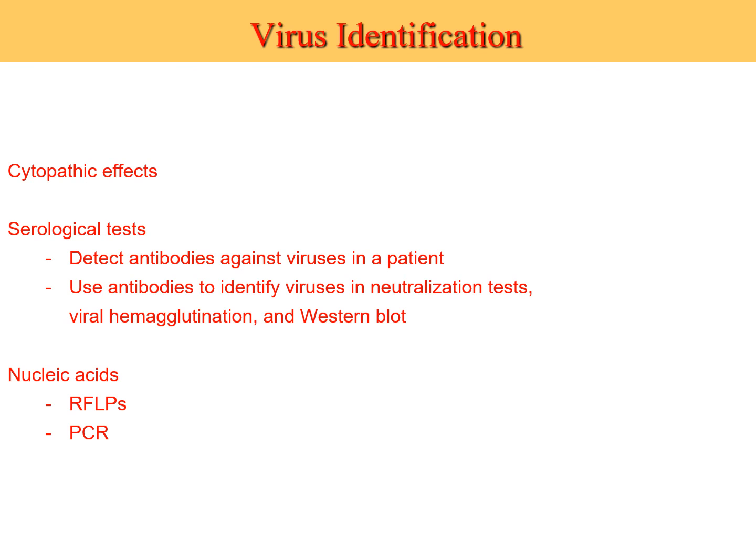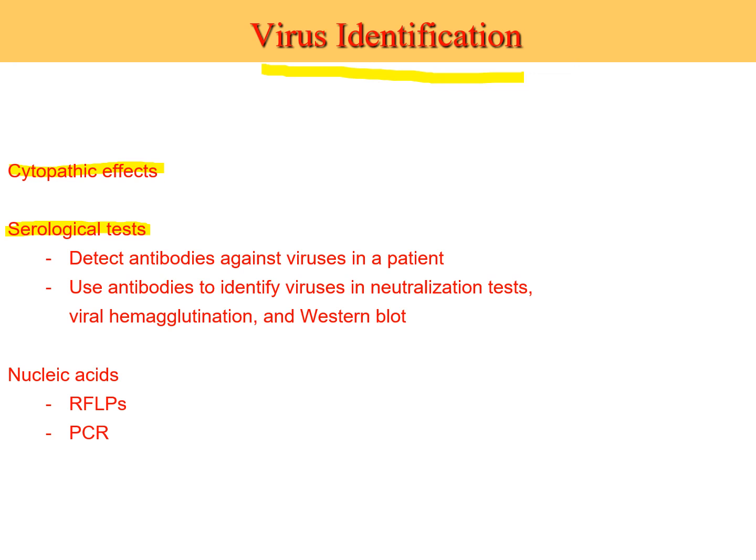So, in order to identify a virus, we look at its cytopathic effects. Sometimes we use serological tests looking for antibody. If you can detect the antibody in a patient, that means that that person was infected and did respond.